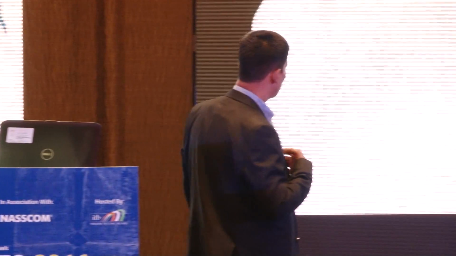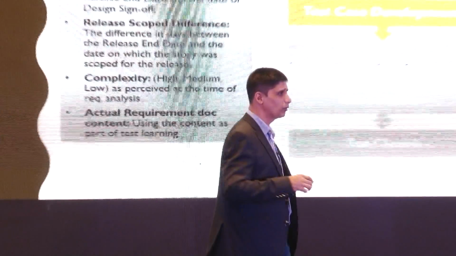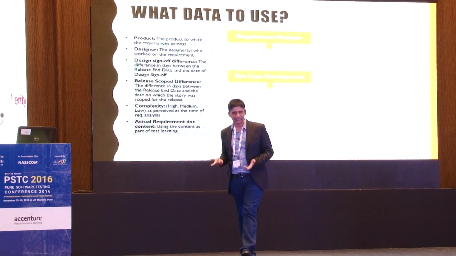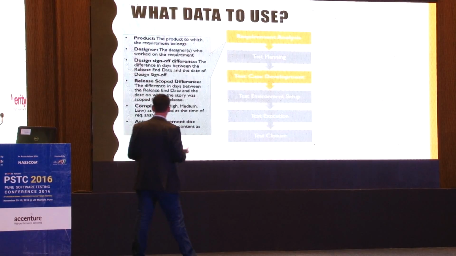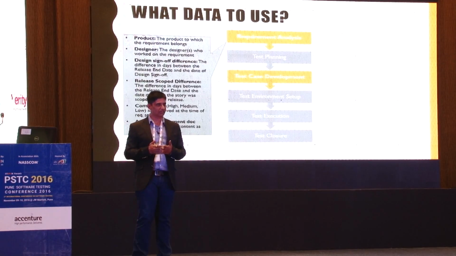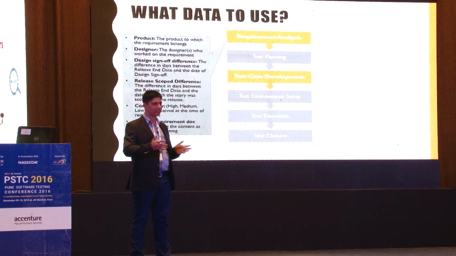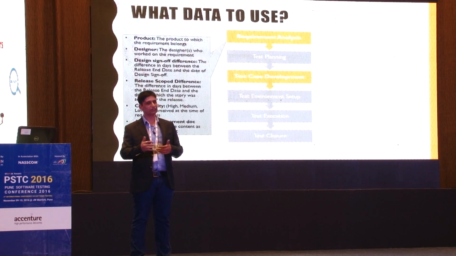One sure data point is at the point where your requirements are available. You can find out multiple features about your requirement, like which product the requirement is about, the designer who has worked on it, and when that requirement came into your scope of testing. The later the requirement is available for testing, the less time you get for testing, and then there is more risk of that requirement failing.